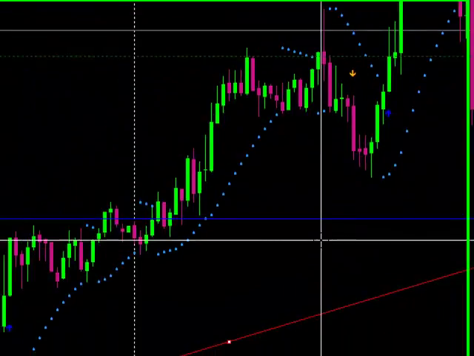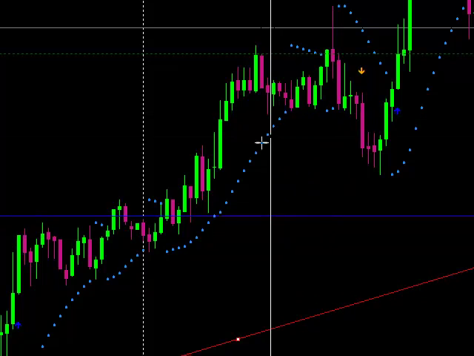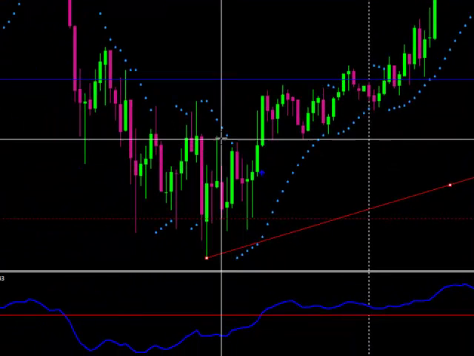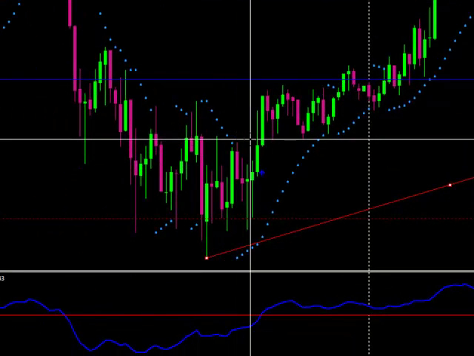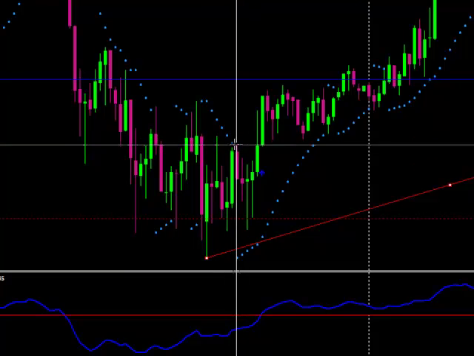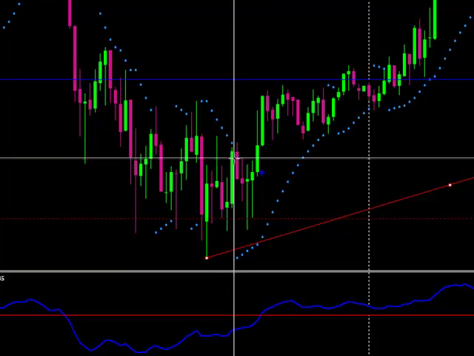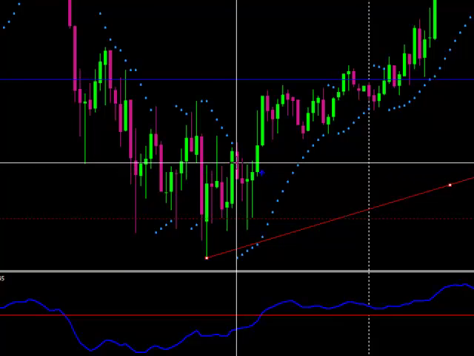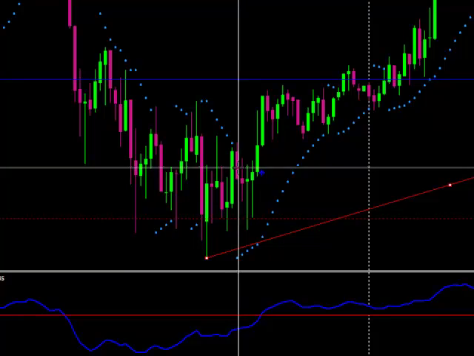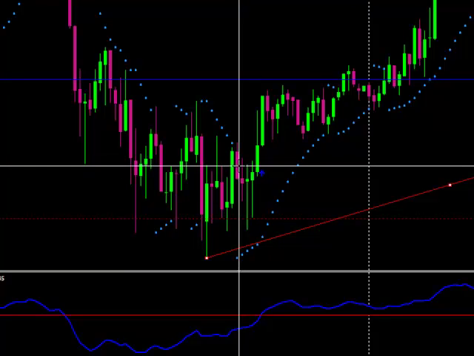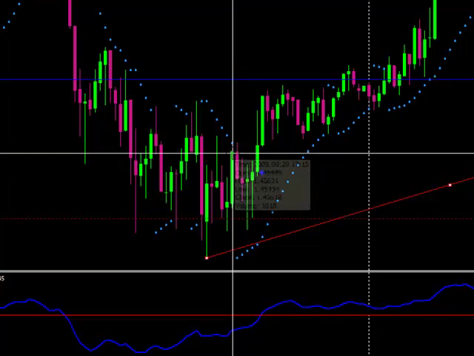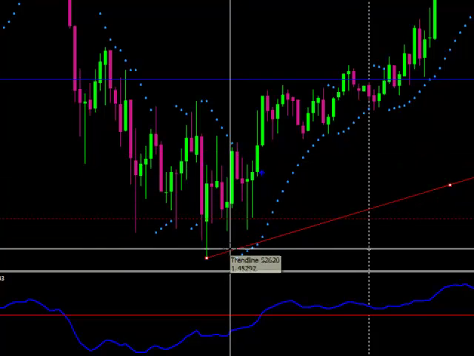So let's look here and find where we had blue dots changing from going down and into an up. This example here is really not very good, because we have a green candle, and we're hoping that this next candle would be green. Typically you might see a red candle where this green one is, because price action would be going down in order for this SAR to change.